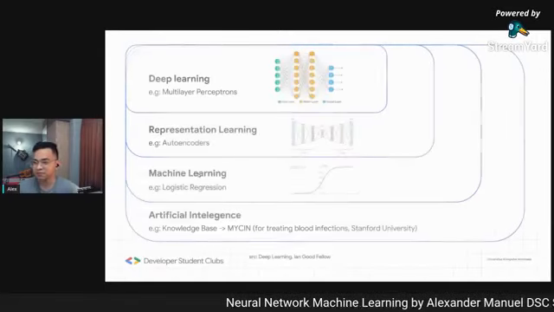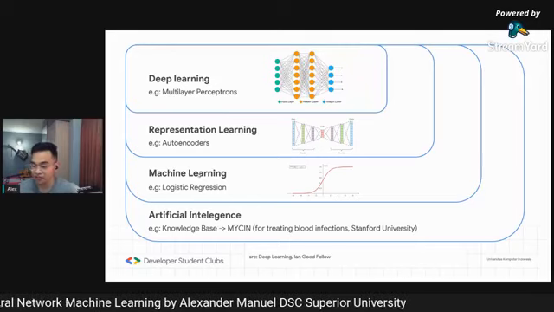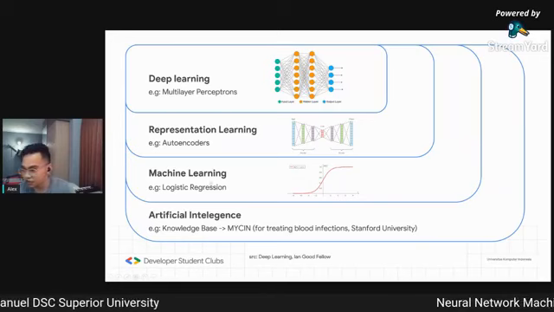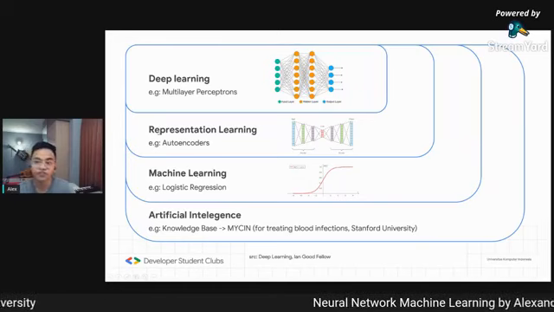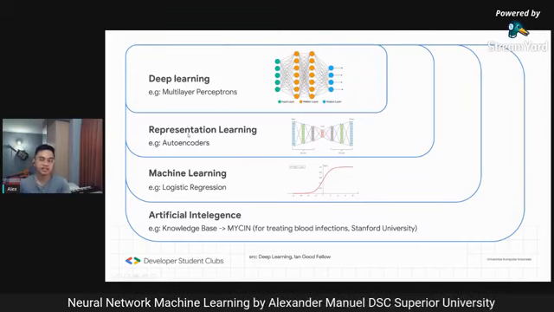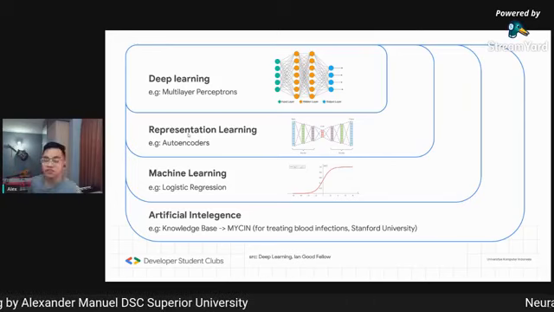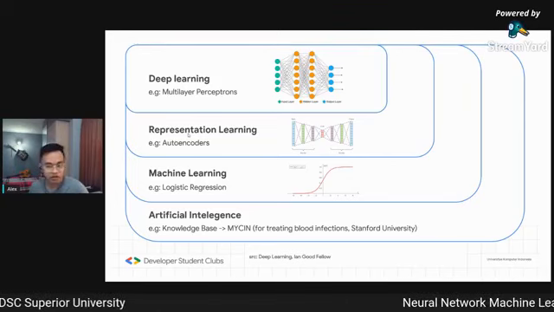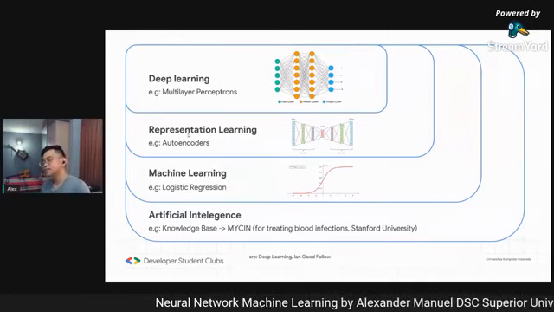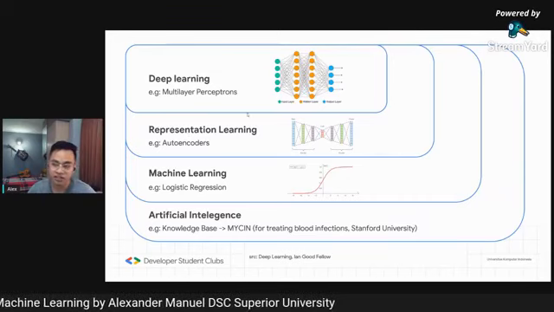Some of you might have seen this kind of Venn diagram, but probably some of you don't know there's this fourth thing called representation learning. Actually, deep learning is part of representation learning, and representation learning is part of machine learning, and it's all part of artificial intelligence.